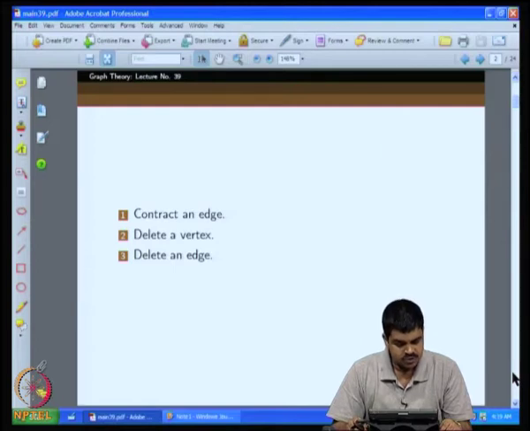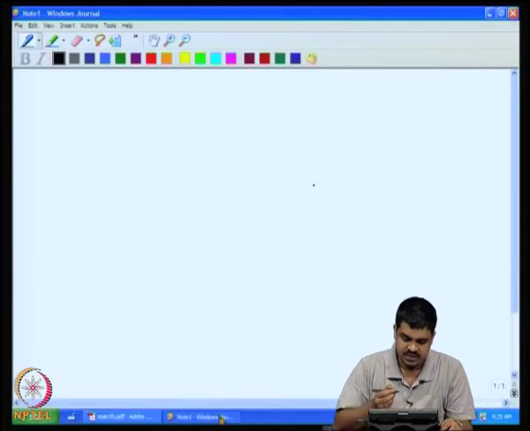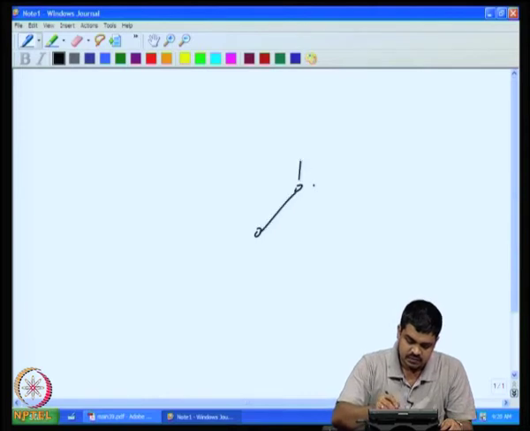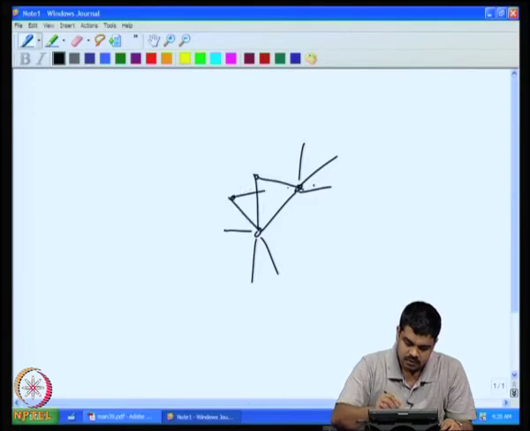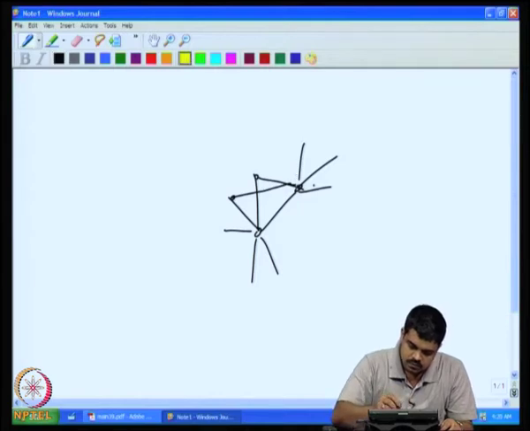As the student should be already familiar, these are the three operations involved in taking minors. Contract an edge, which means that if there is an edge like this, with some neighbors like this also, then you decide to contract this edge. What will you do?